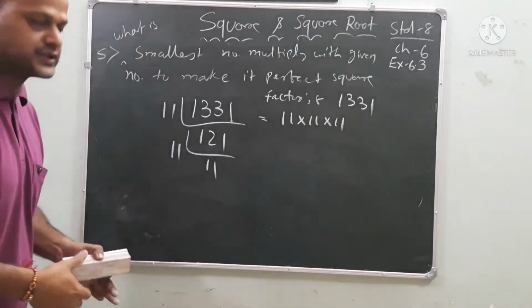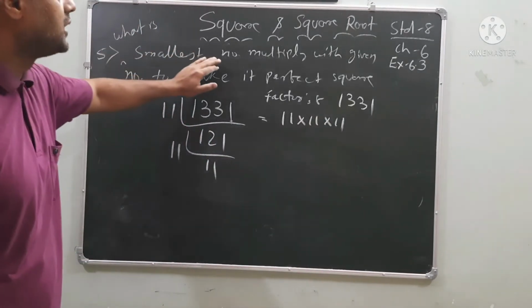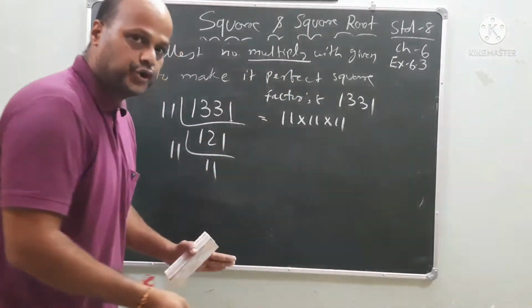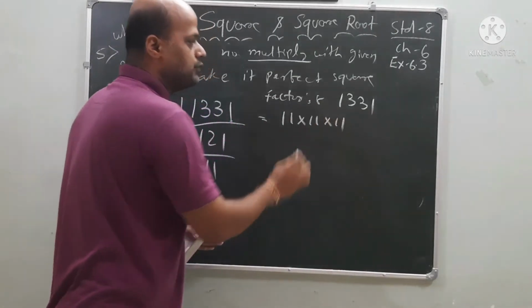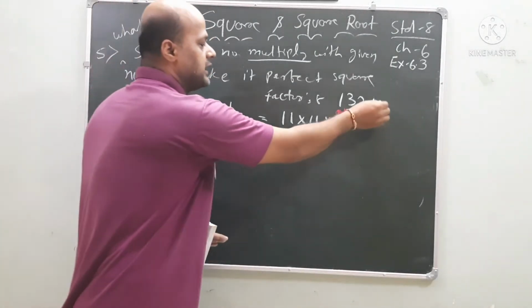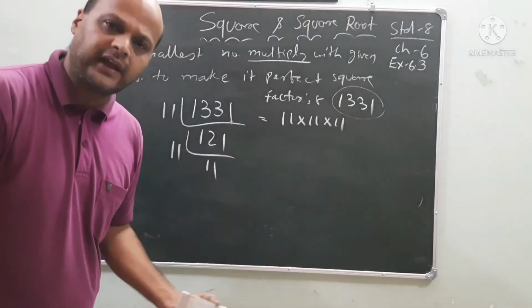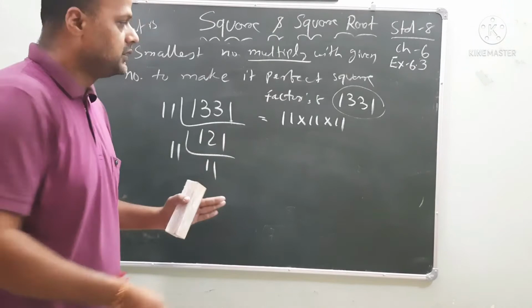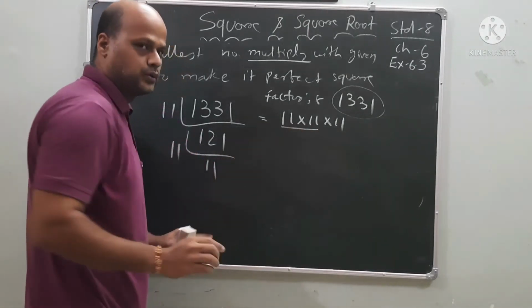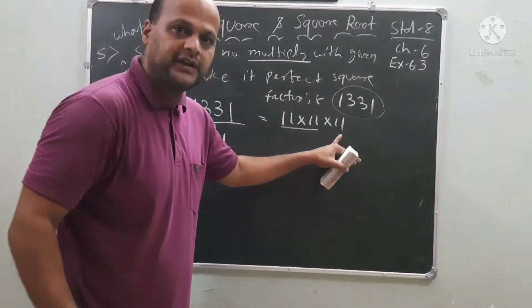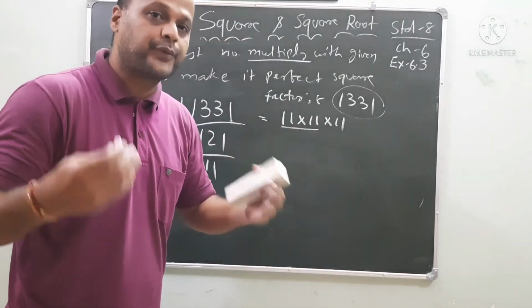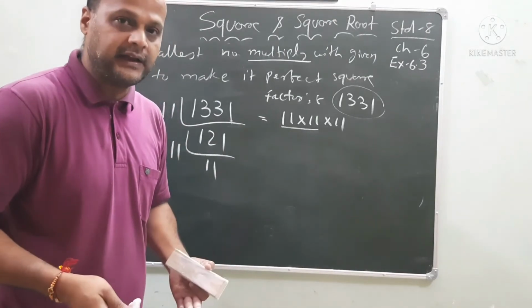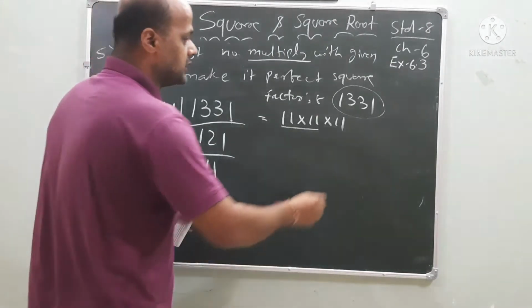Now come to your question. It says what is the smallest number to be multiplied with 1331 so that it is a perfect square? Don't be confused here. Come to the point. Here 2 11s are needed, only 1 11 is here. If I make it a perfect square, how many 11s are required to be multiplied here? Yes, very good, Ankit.